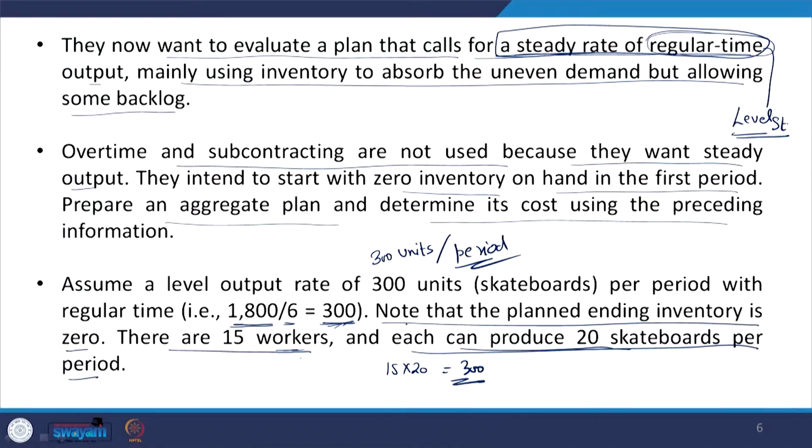So, one worker in a particular period is going to produce 20 skateboards, and we are also not considering how many hours there are in a particular day, whether a particular period is a 1 day period, a 1 week period, or a 1 month period. We are simply talking in terms of period, and in one period one worker is going to produce 20 skateboards, and therefore, there are 15 workers.